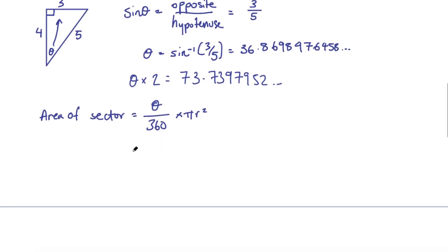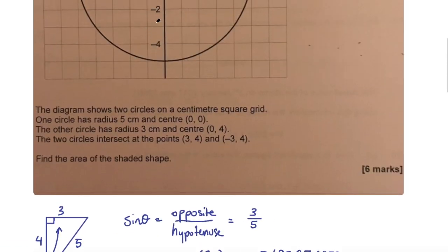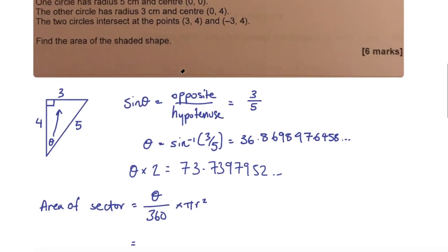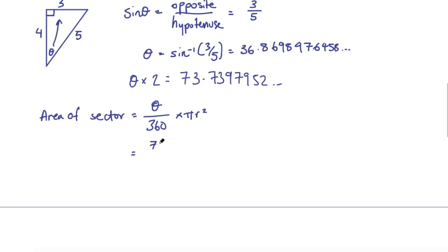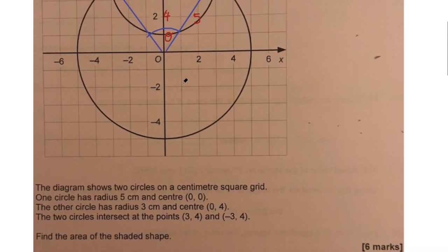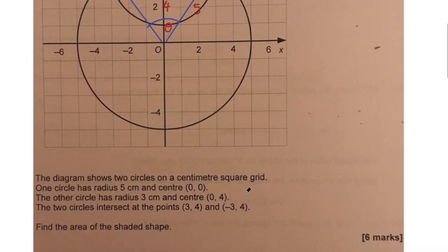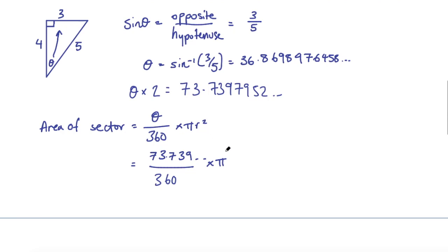So we have the angle of this sector in here, which was 73.739. Make sure you put all of those digits into your calculator, divided by 360 times pi, and our radius in this big circle is 5 centimeters. So the radius squared, that will be times 25.